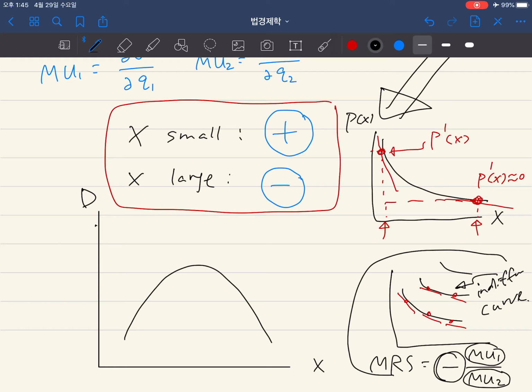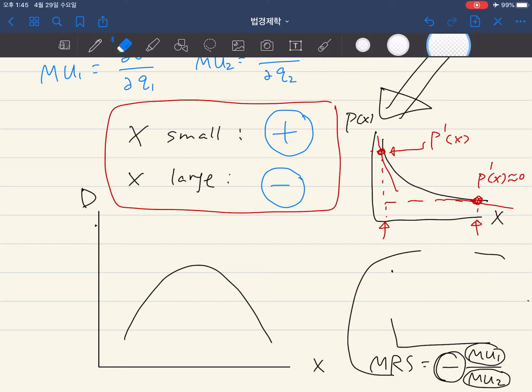Because if you fix one curve, so you draw one indifference curve, then imagine any two points on this same curve, let's say points A and B. If you compare A and B, we can say that the consumer's utility is the same. So the consumer is indifferent between A and B. So we give the name indifference curve for this curve.